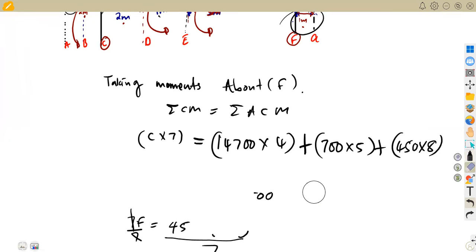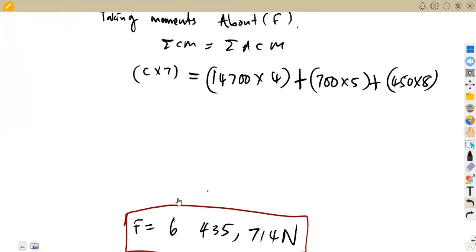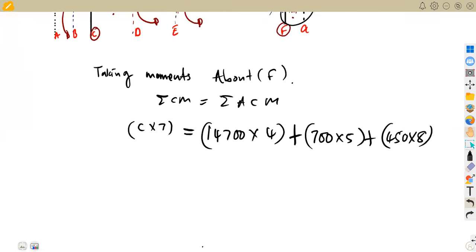So as we can see, at this stage, we are able to calculate the value of C, just like what we did on the value of A and the value of F. So in order for us to calculate C, we're going to combine everything. 7 times C, C times 7, which is 7C, is equal to everything combined.